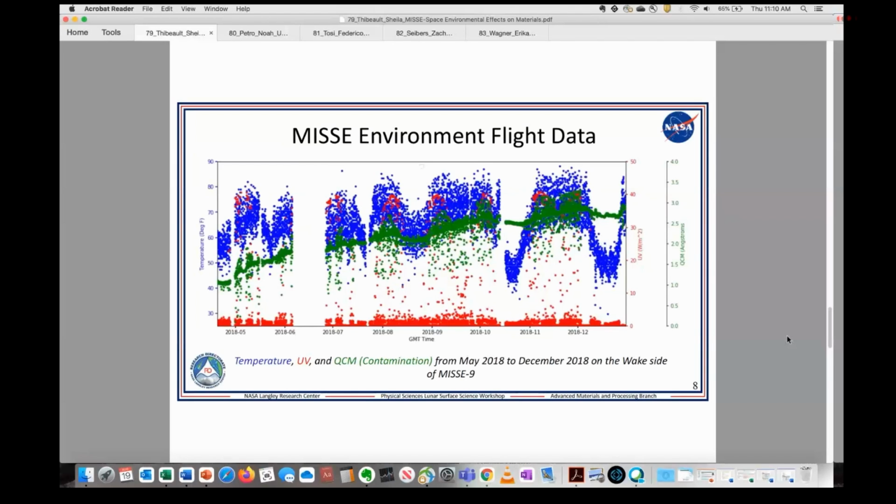Here we've plotted these data from May 2018 to December 2018 on the wake side of MISSY 9, and you can see there are fluctuations in temperature and ultraviolet. The temperature does change, and there are extremes, but of course the extremes are not as great as the extremes on the lunar surface. Okay, next slide, please.